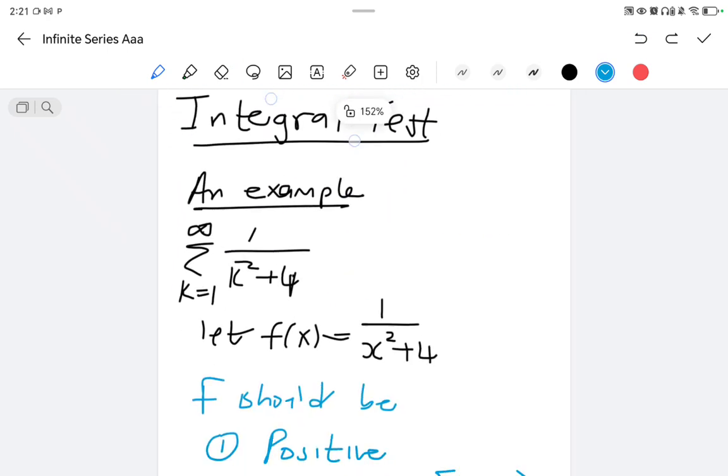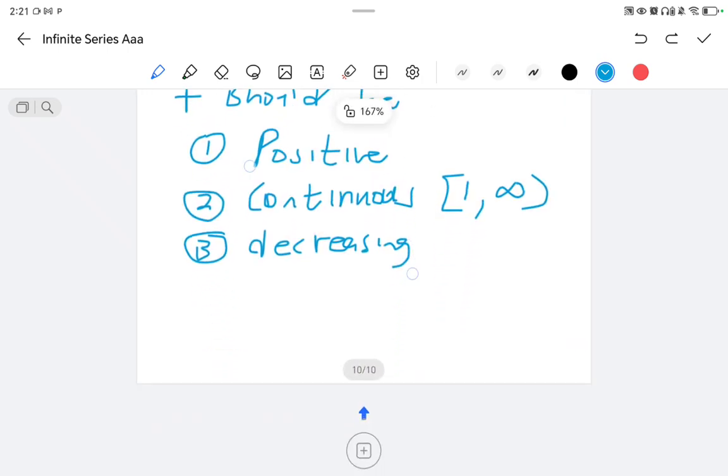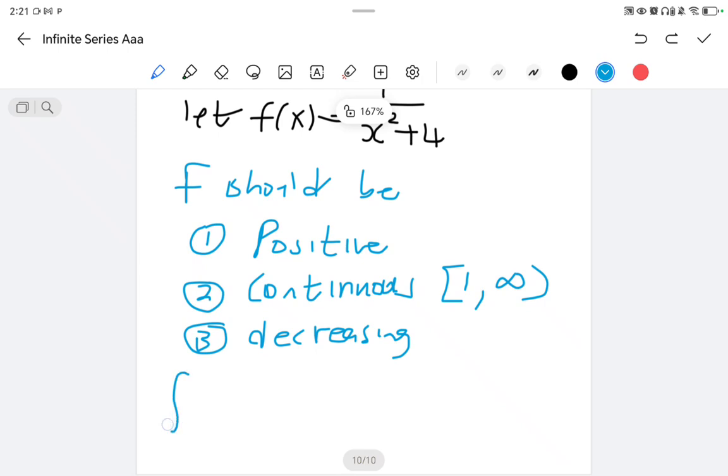Now, since it is clear that it is positive, continuous, and decreasing, we can use the integral test. We can now write the integral from 1 to infinity of 1 over x squared plus 4 dx. You see, right?